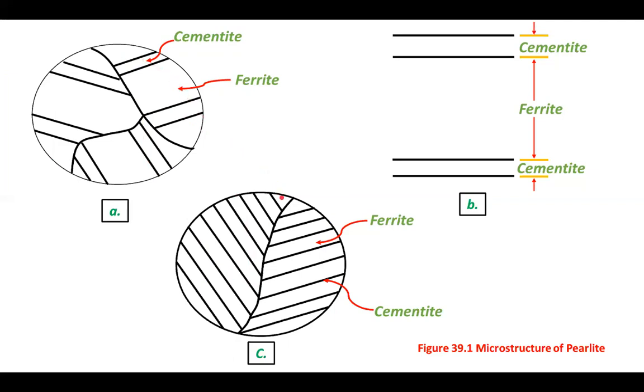So what you will see is this is ferrite, which is white in color. Cementite is also white in color, but because of the poor resolution of your microscope, this thin area is not being resolved, and it is appearing as black. So you will now label this area as ferrite, but this black line area as cementite. Don't label this as ferrite and this as cementite, right? I hope you have understood.